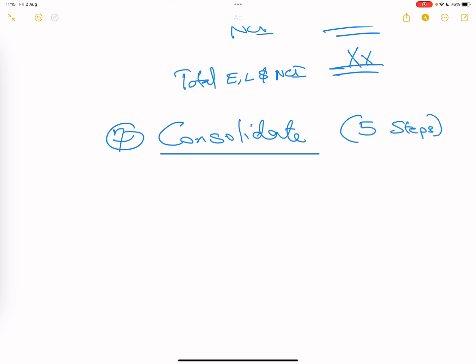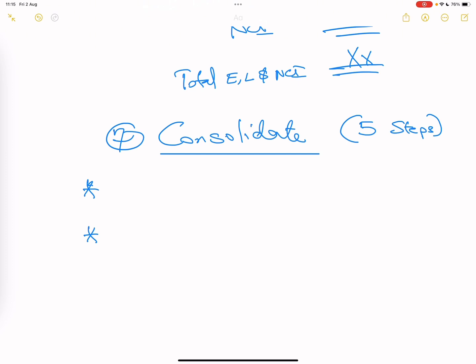The good news is, don't get rattled in exams when you do consolidation or even when you practice. If it doesn't balance, it doesn't stop you from scoring 90% of your marks, even 95%, because each step will be marked.